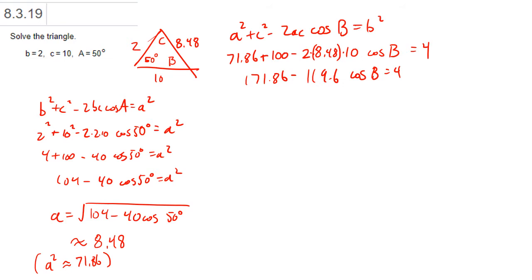Okay. Now we just need to solve this for B. So I'm going to subtract 171.86 from both sides to get negative 169.6 cosine of B is equal to negative 167.86.